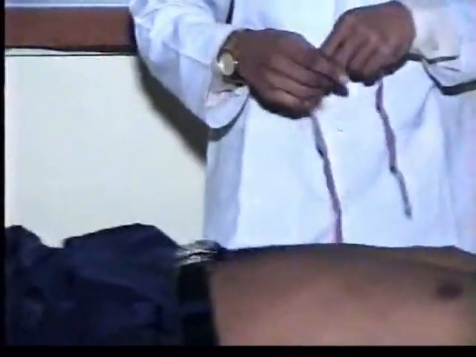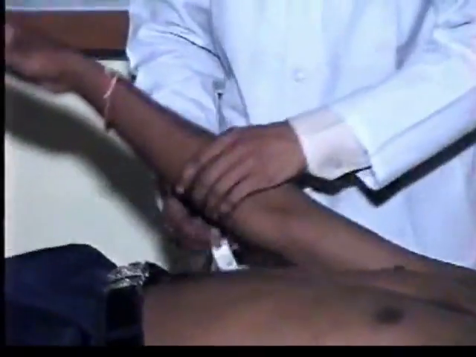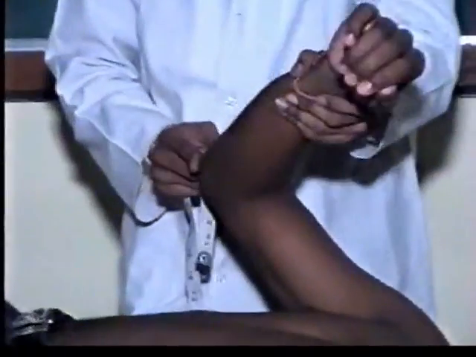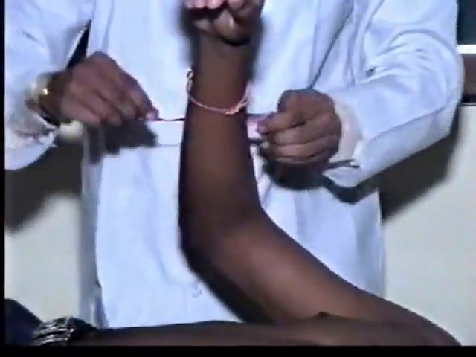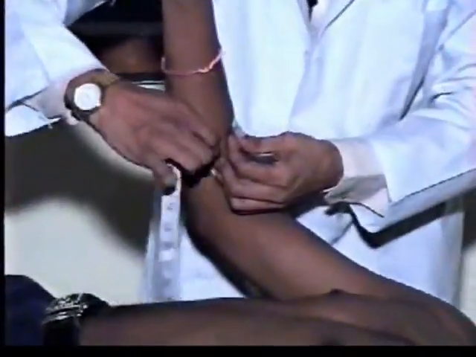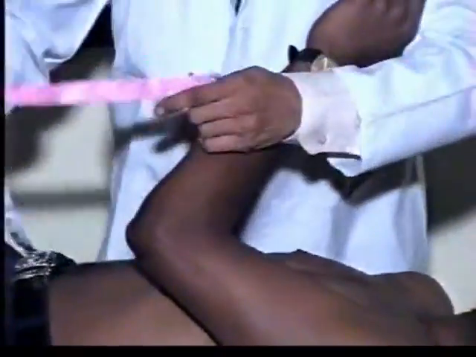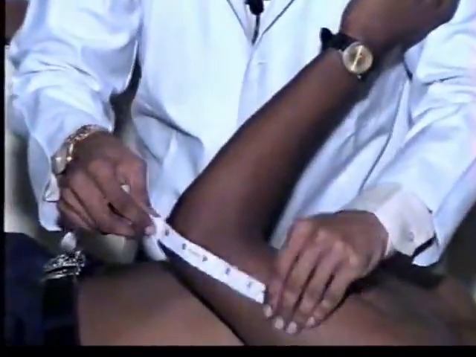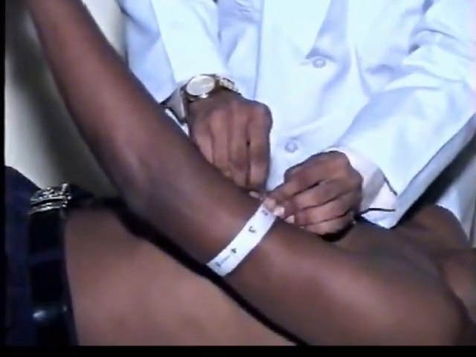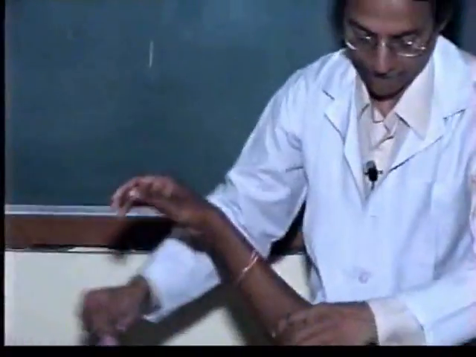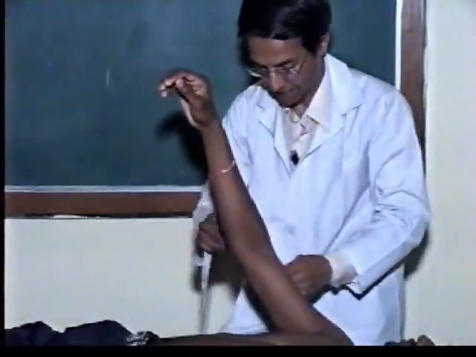In the same manner, for the upper extremity, the circumference of the forearm and arm muscle can be compared from a fixed bony prominence like the olecranon process. When the circumference of both right and left side is normal, it indicates the nutrition of these muscles is normal.